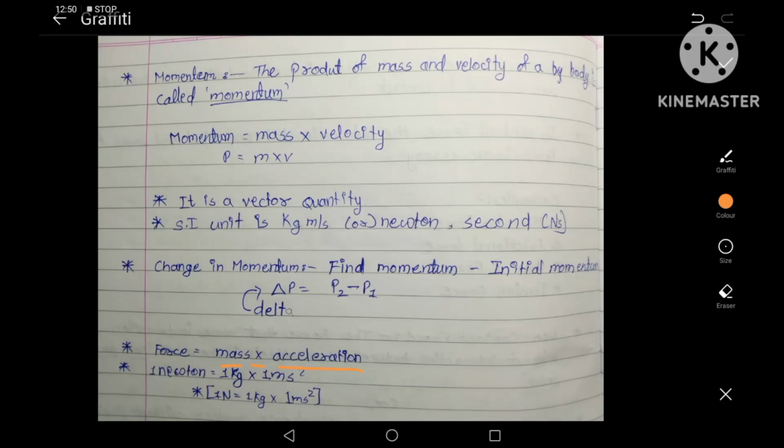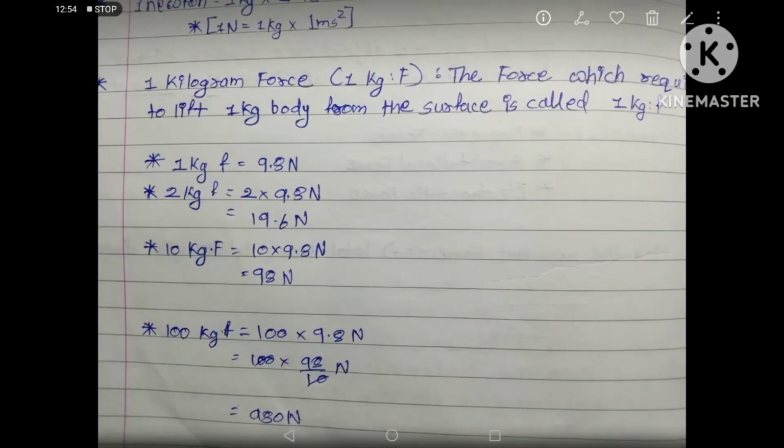We will move to our next topic, that is kilogram force. Here it is clearly mentioned that 1 kilogram force is equal to 1 kg force, means the force which is required to lift a 1 kg body from the surface is called 1 kg force.